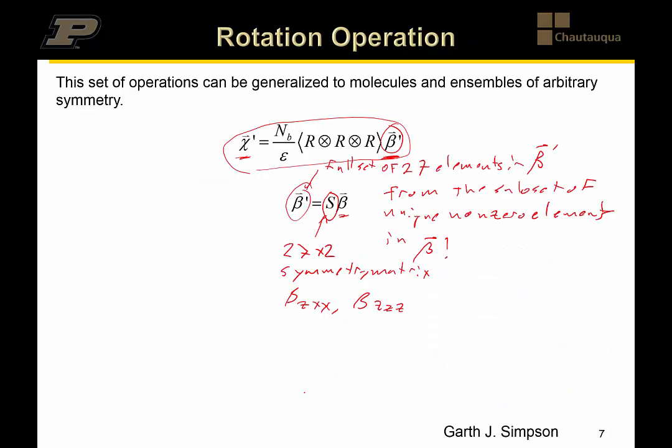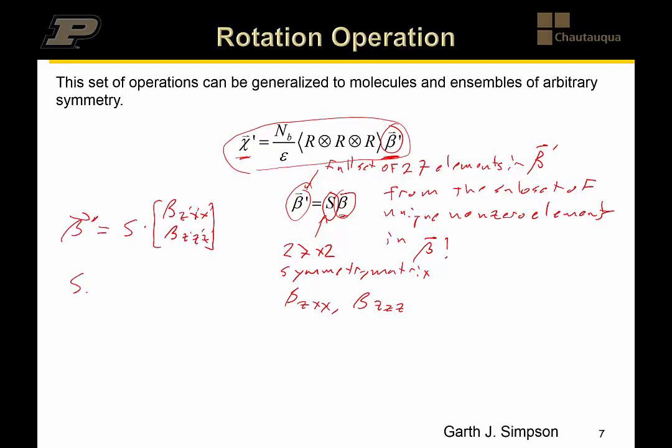So if we go back to this symmetry matrix S, what are we going to do? I'm defining beta ZXX and beta ZZZ as my set of unique non-zero elements, and I'm going to multiply that by S to make the full set of 27 elements.